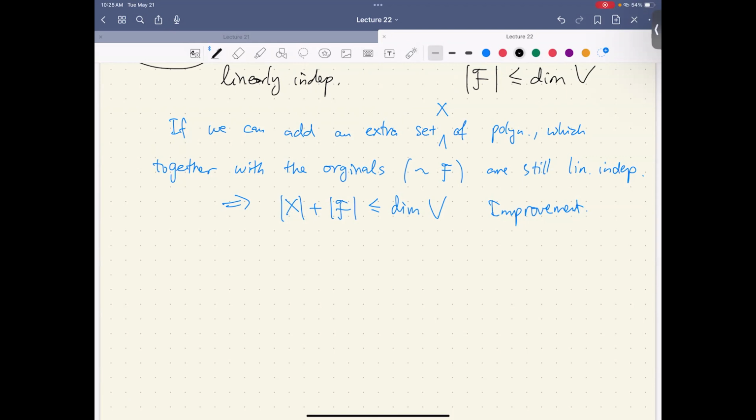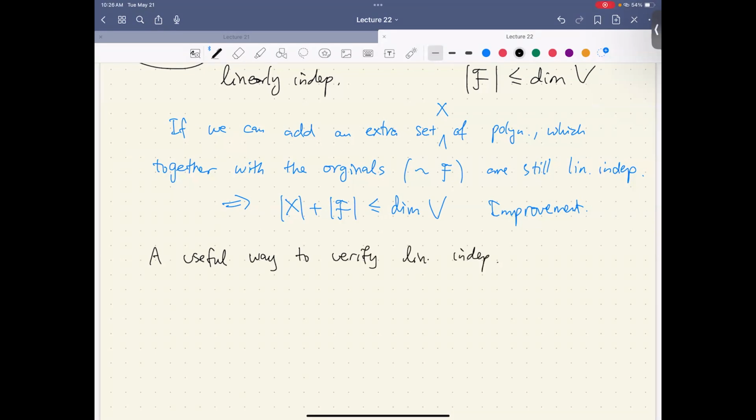But before I mention the example, let me write down a proposition that's useful for verifying linear independence.